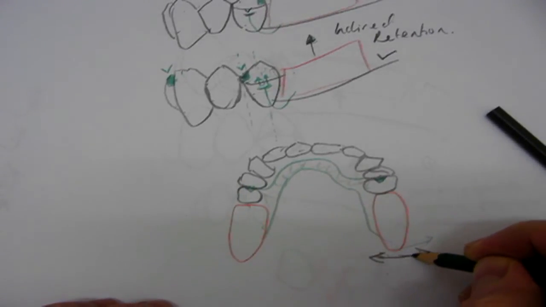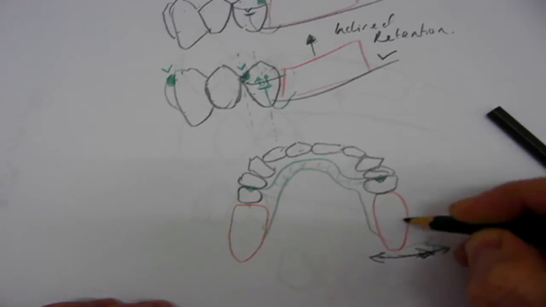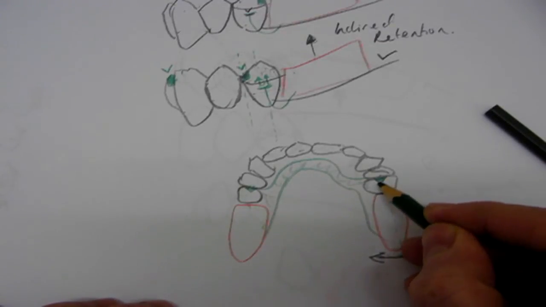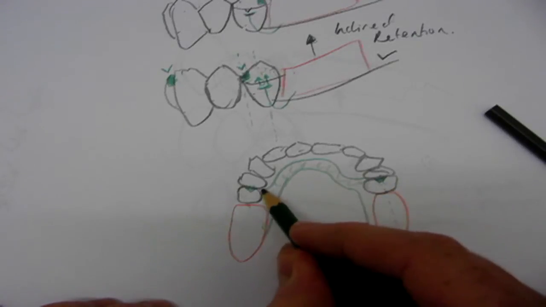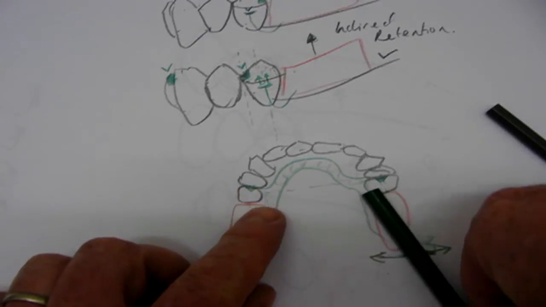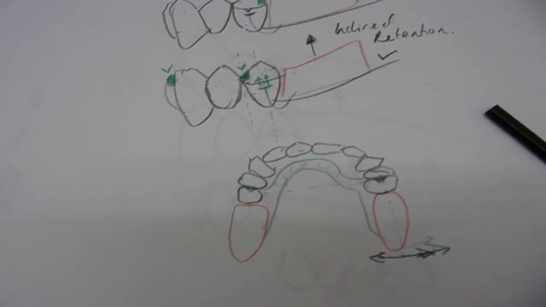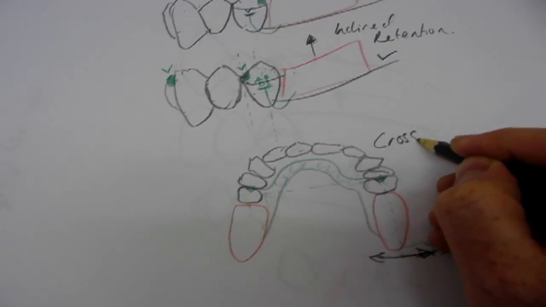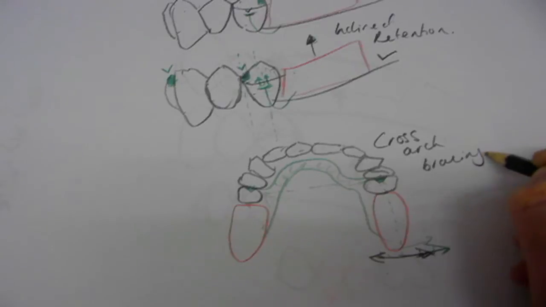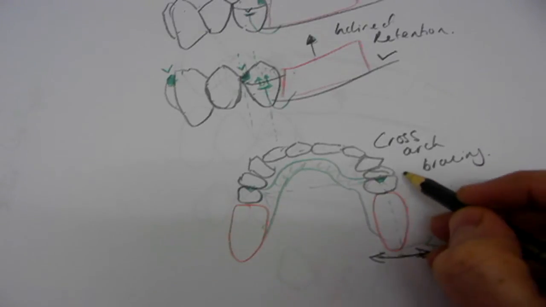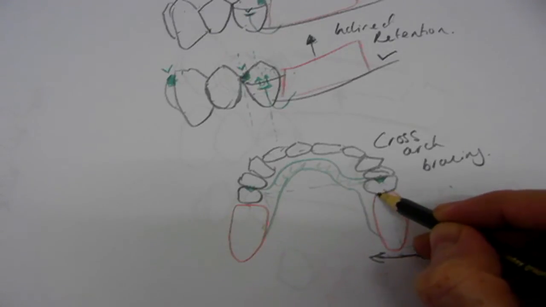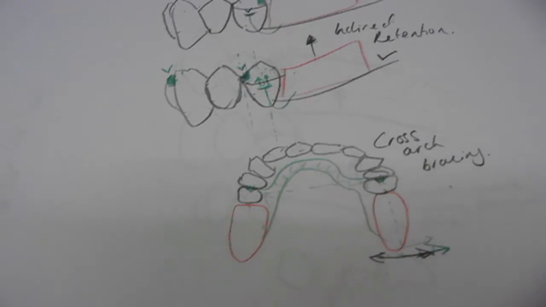So as this saddle area tries to move in this direction, the denture has to rotate around this occlusal rest, which is linked rigidly to this occlusal rest, which stops the whole thing moving. And this is called cross arch bracing. So it's used when we have free end saddles, and it's the third reason why we move the occlusal rest from the distal of the abutment tooth to the mesial of the abutment tooth.